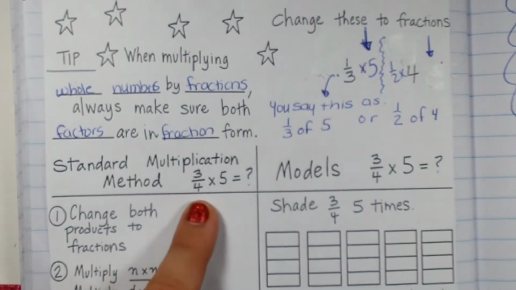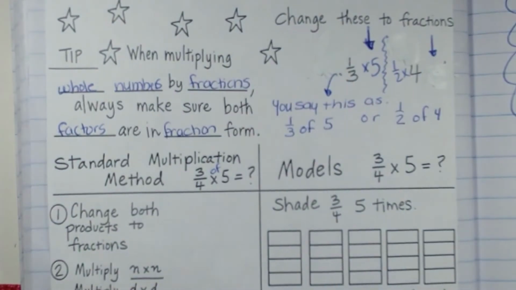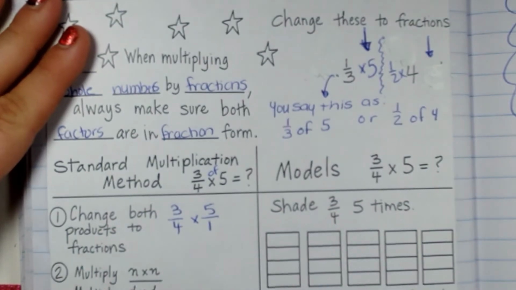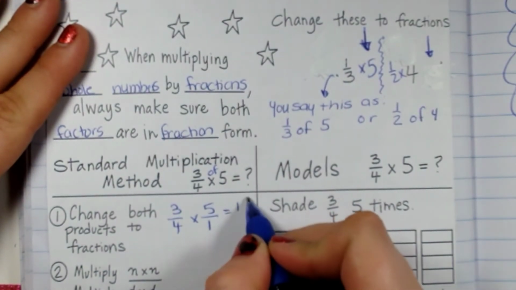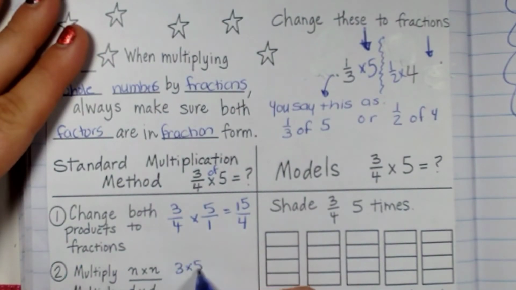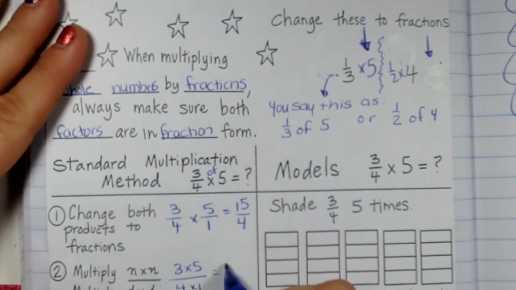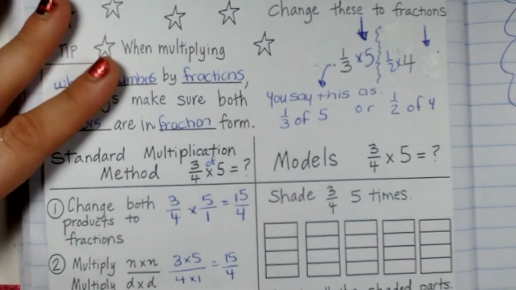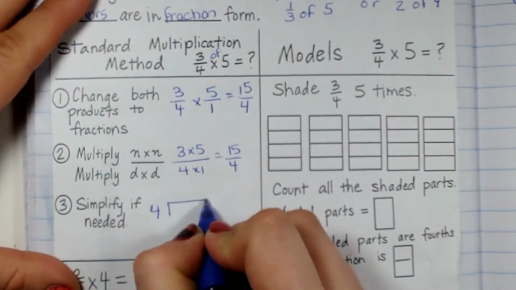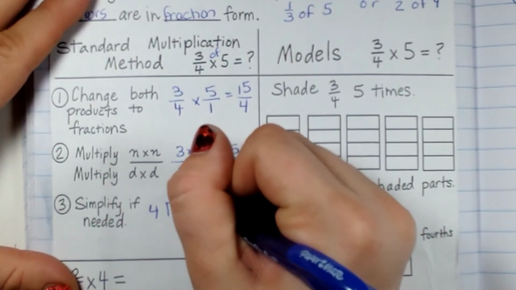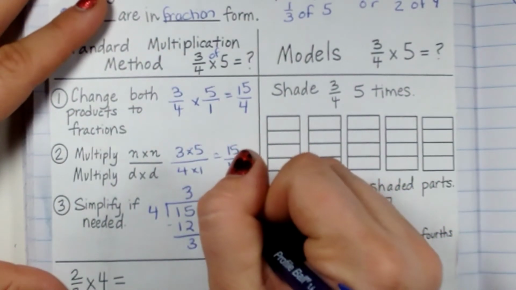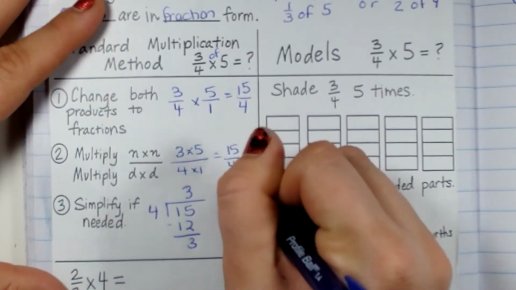So we're trying to find 3/4 of 5. Change them both to fractions. And now we're going to multiply to get 15 over 4. They're just saying multiply the fractions like that, just putting them together, and then simplify if needed. Of course we have to simplify because it's an improper fraction. So my answer would be 3 3/4, and that is in simplest form.